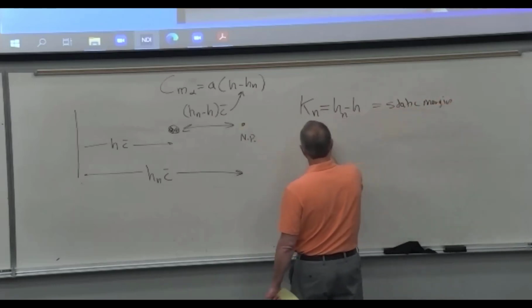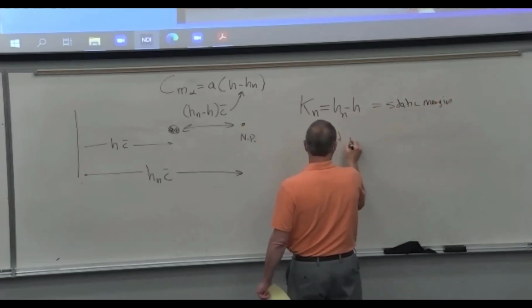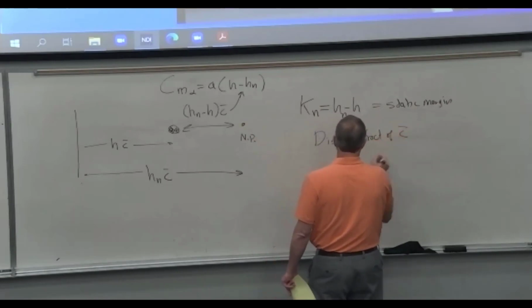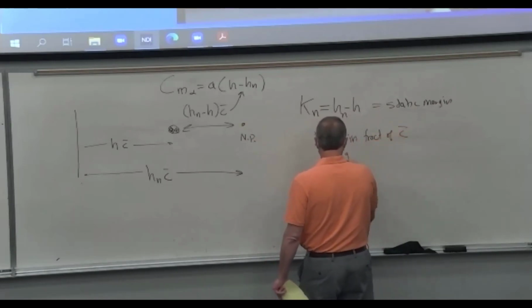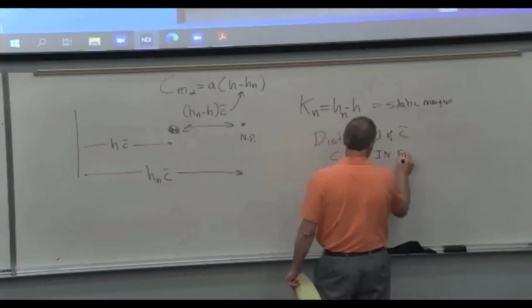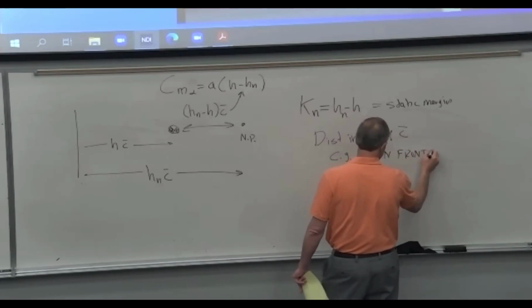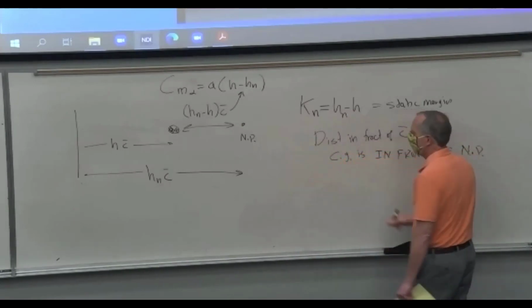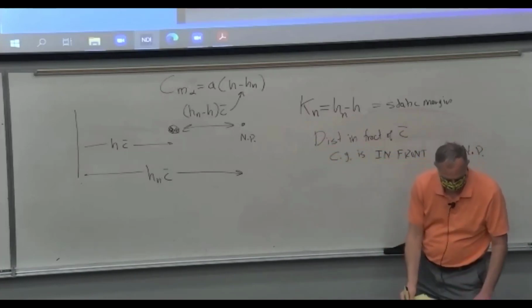And it literally is the distance in fractions of c bar that the CG is in front of the neutral point. Just looking at the picture, that's what it is.